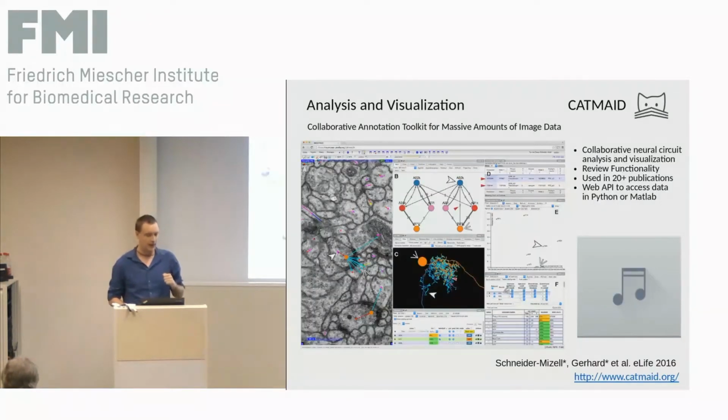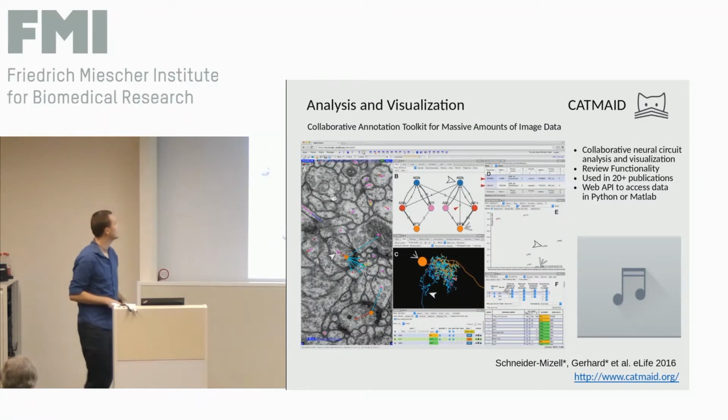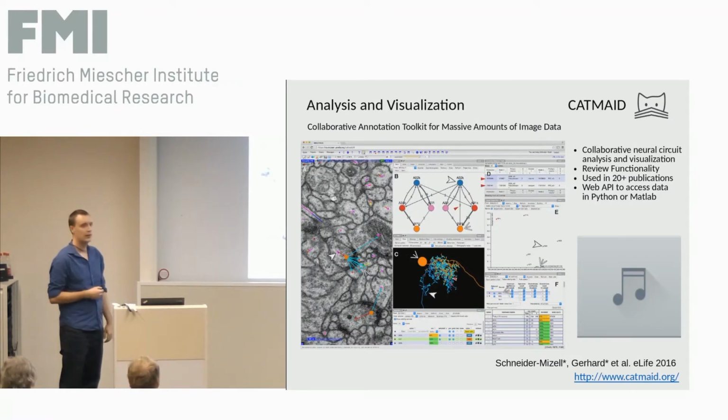And then on the analysis and visualization side, there is CatMate. It stands for Collaborative Annotation Toolkit for Massive Amounts of Image Data. This is the web view, so it's a client-server application where you see the raw images and the skeleton points and synapses, and you are able to represent your data in different ways, as networks or in 3D visualizations.